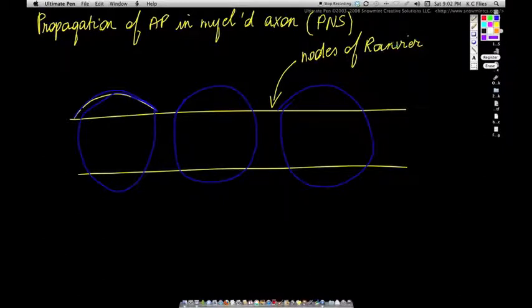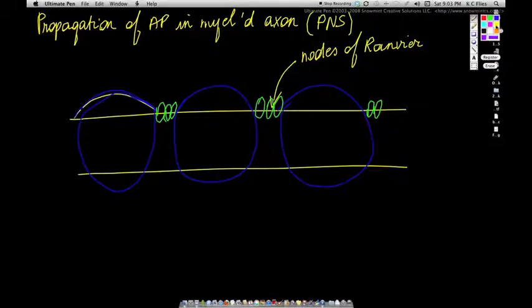Clearly the nodes of Ranvier are naked areas of axon in between consecutive Schwann cells. But what's more important to know about them is that it's only in these nodes of Ranvier that we find our voltage-gated channels.